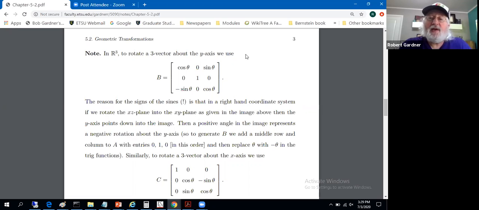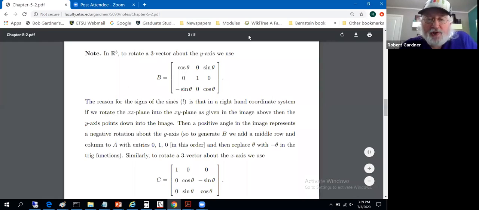Okay, let's try this out for a second. So what you're going to do is take a right-hand coordinate system. Here's a pretty good perspective. We'd have the x-axis, the y-axis, and the z-axis. X, Y, Z. So here's the XZ plane, index finger and thumb.